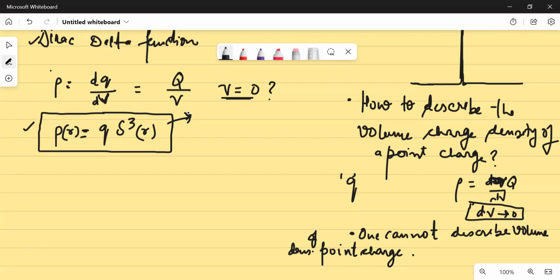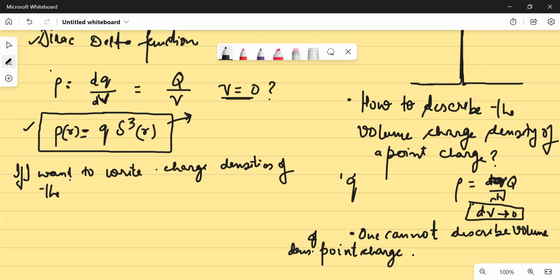Now in this regard, let us do a few problems and go ahead. If I want to write the charge densities of the following, how would I write them?